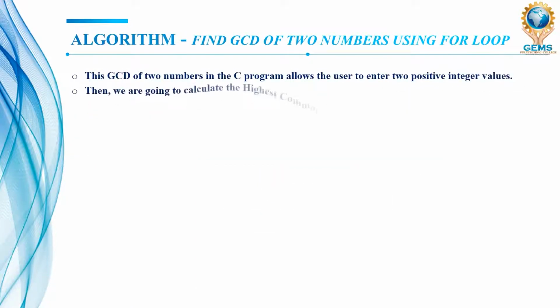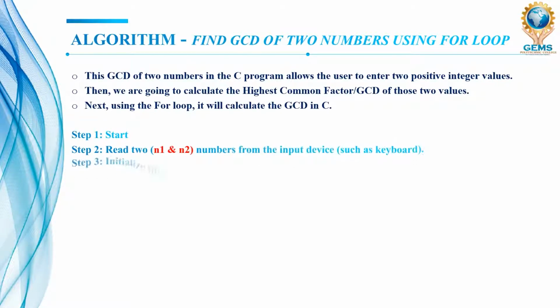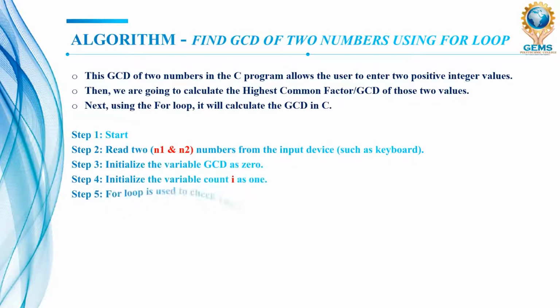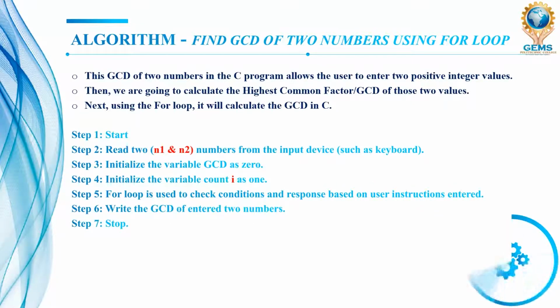Now we will see how to write the algorithm to find the GCD of two numbers using a for loop. Before starting to write the algorithm, we will keep 3 points in mind. What are the 3 points?